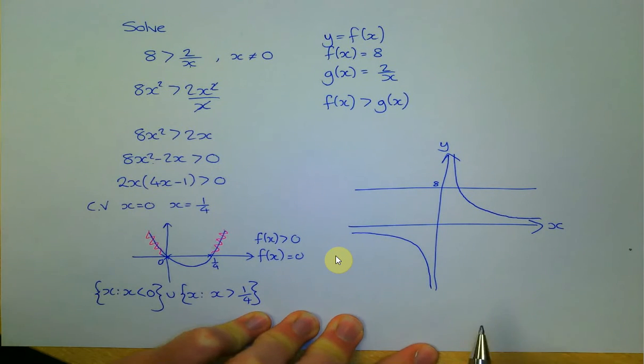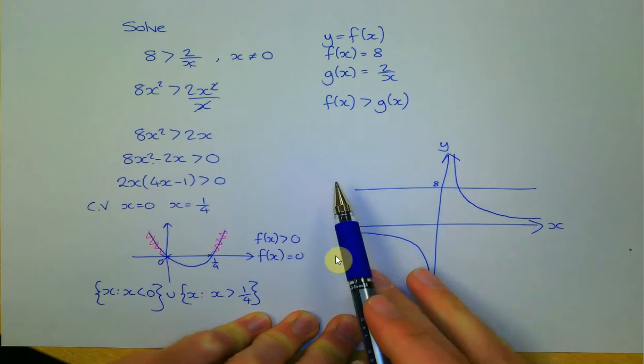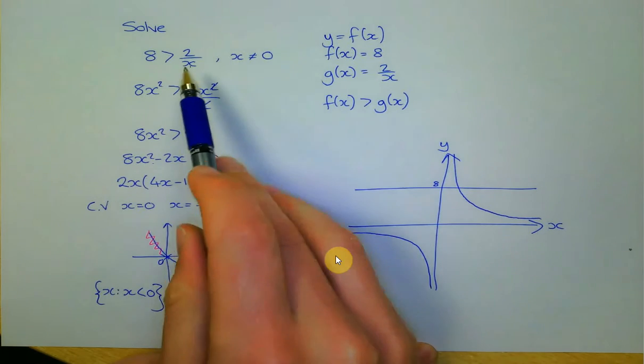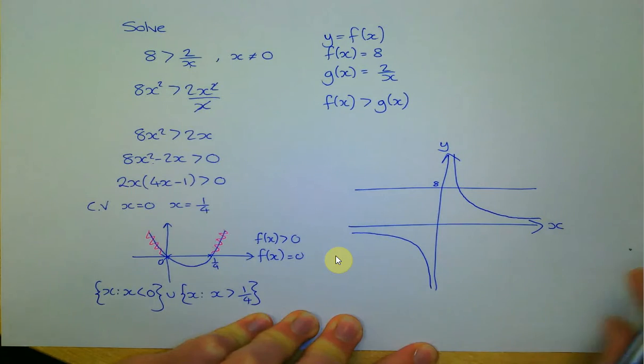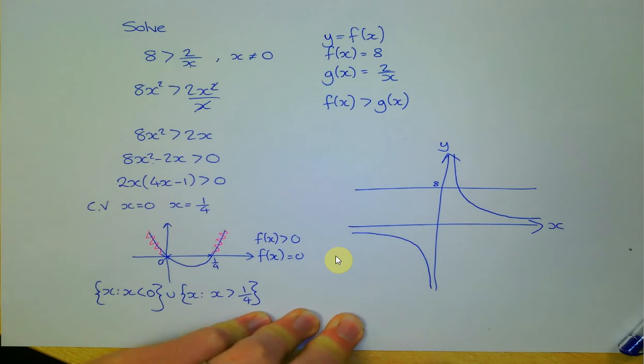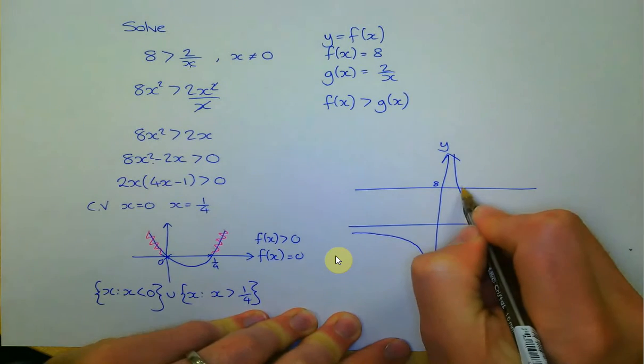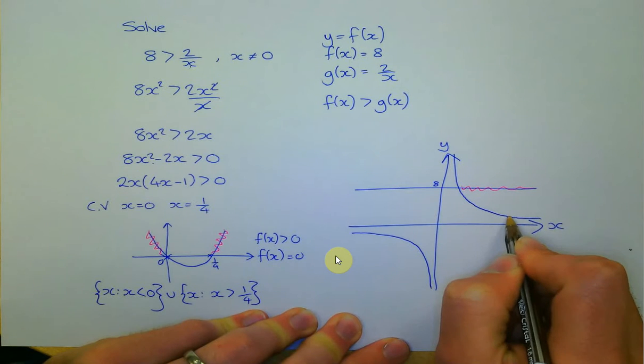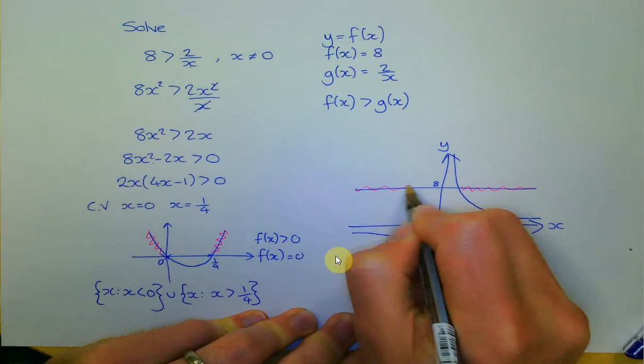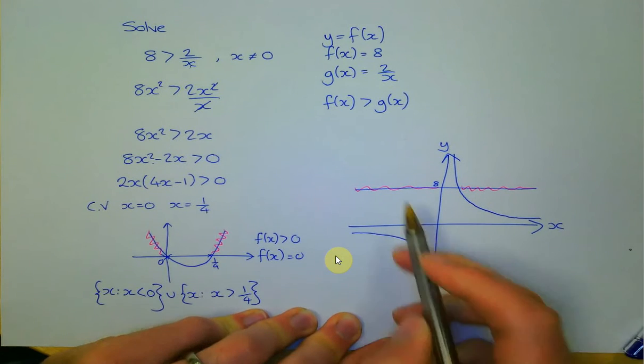So you can see, where is the 8? Where is this line greater than this line? It just means, where is it above? So you can see here, this line is clearly above this line. And all the way along here, it is clearly above this line.